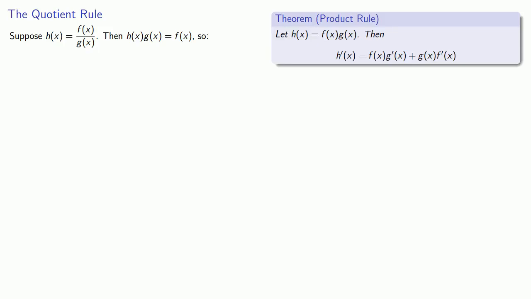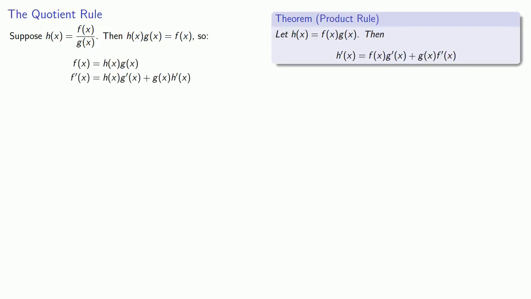And over on the left-hand side, I have a product, and I know what that will differentiate as. So f of x equals h of x times g of x. So my derivative of f of x will be h of x g prime of x plus g of x h prime of x.